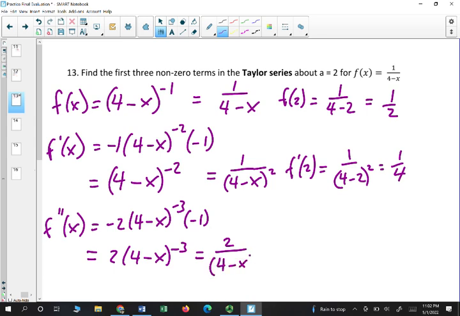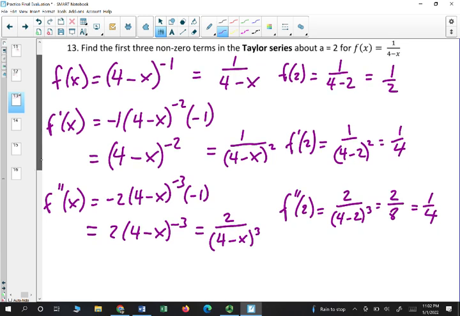Okay, this one rewriting as 2 over 4 minus x quantity cubed. So that means we have 2 over 4 minus 2 cubed, which is 2 over 2 cubed is 8, and then that would reduce to 1/4. Okay, so we have our coefficients.